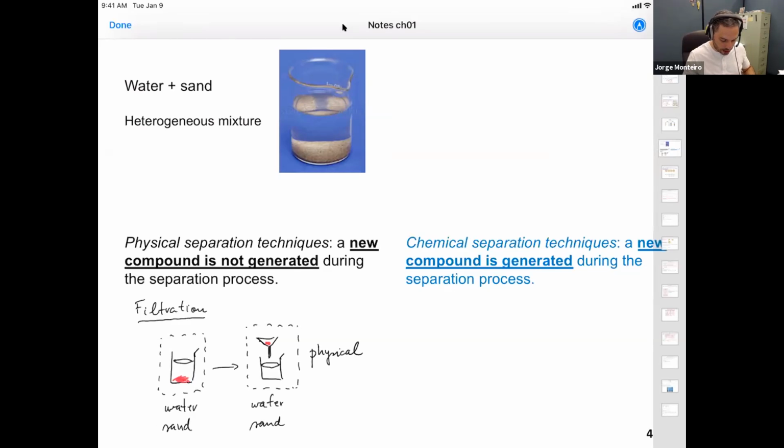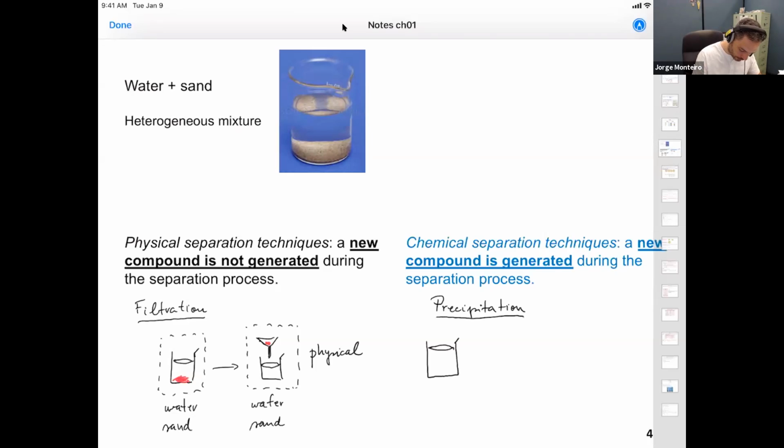When you have, for example, precipitation, that's going to be a chemical separation technique because new compounds will be produced. Okay. So for example, here, you don't need to know this at this point, but that will make a good example.